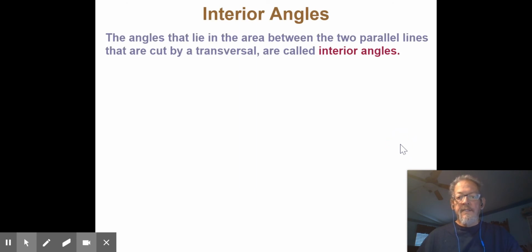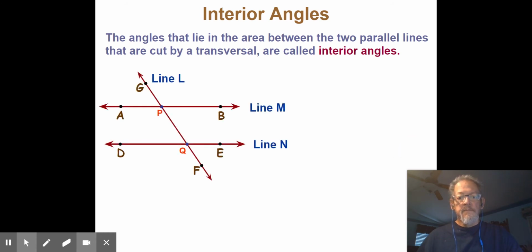Interior angles are the ones that lie between the two parallel lines. And these are parallel lines. So those two are interior, and they're supplementary.